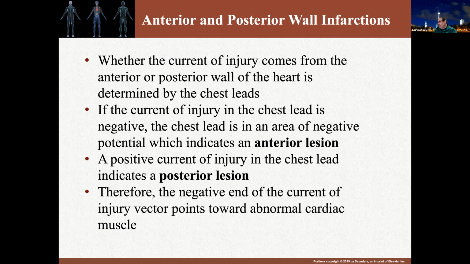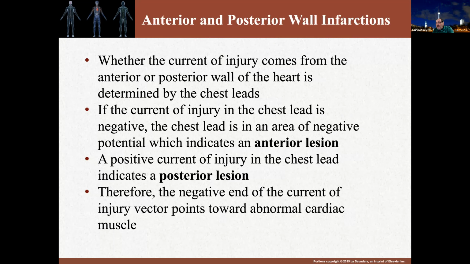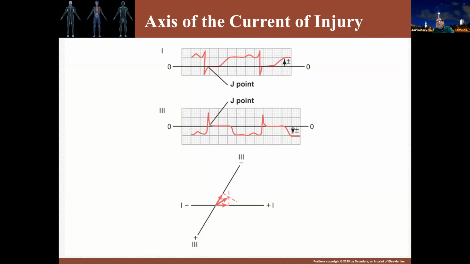But if you have a positive current of injury in the chest lead, that indicates a posterior lesion. So in other words, the negative end of the current injury vector points to the abnormal cardiac muscle. So, and this isn't a chest lead, but again, you can see this application of being positive or negative.